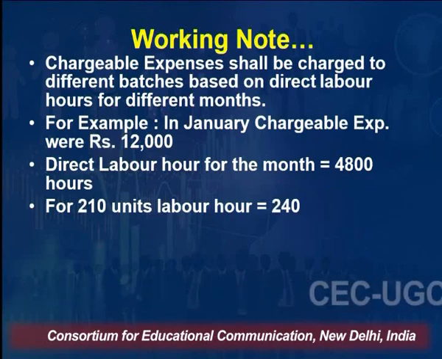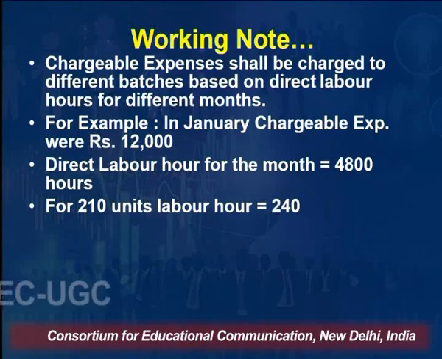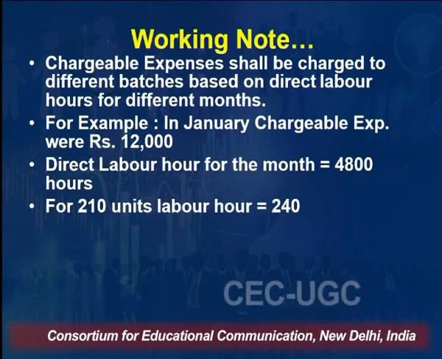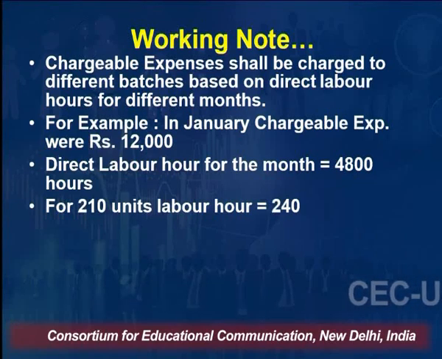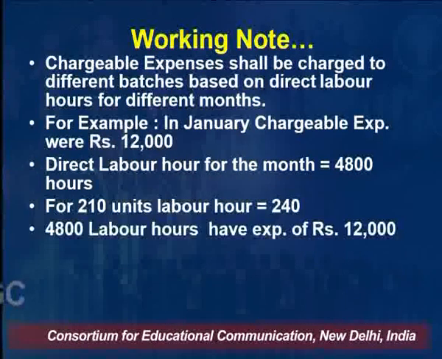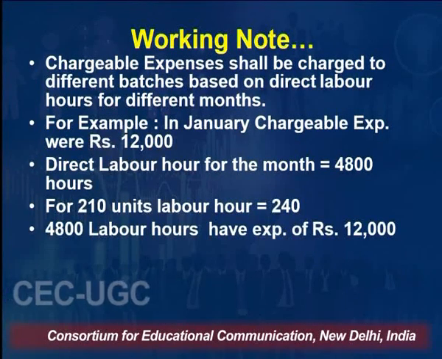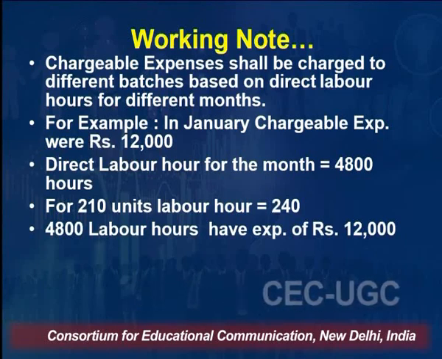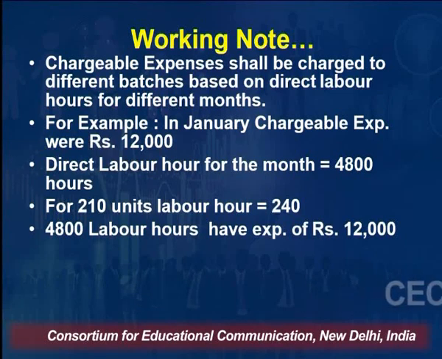So you have to find out the ratio of chargeable expenses for these 210 units, not for the entire amount of chargeable expenses, which was for 4,800 labor hours. So your total labor hours available with your factory was 4,800 labor hours. So here 4,800 labor hours have an expense of 12,000.